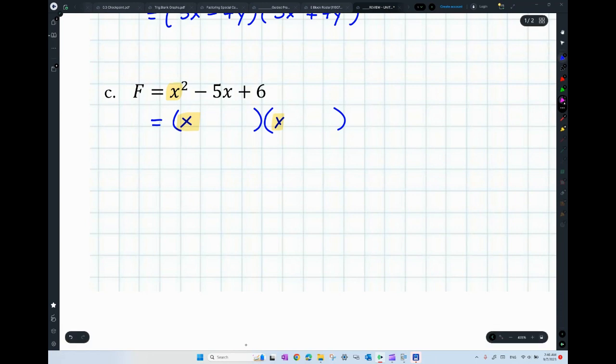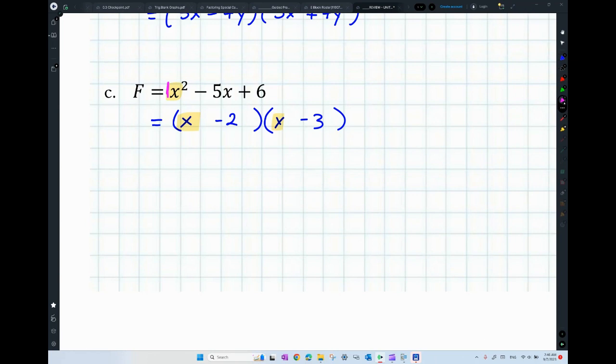But when the coefficient of x squared is 1, then it's very easy to do. Two numbers adding up to -5 and multiplying as 6. I've got that with -2 and -3. All done.